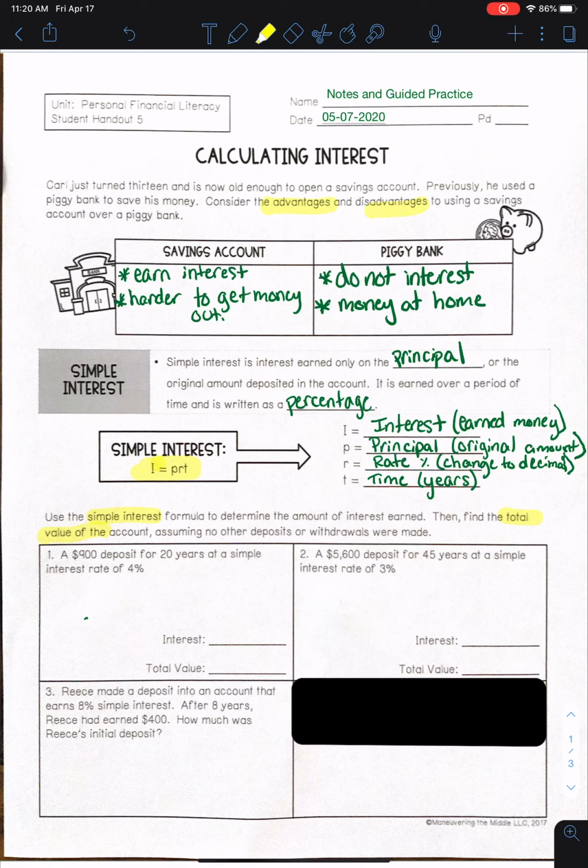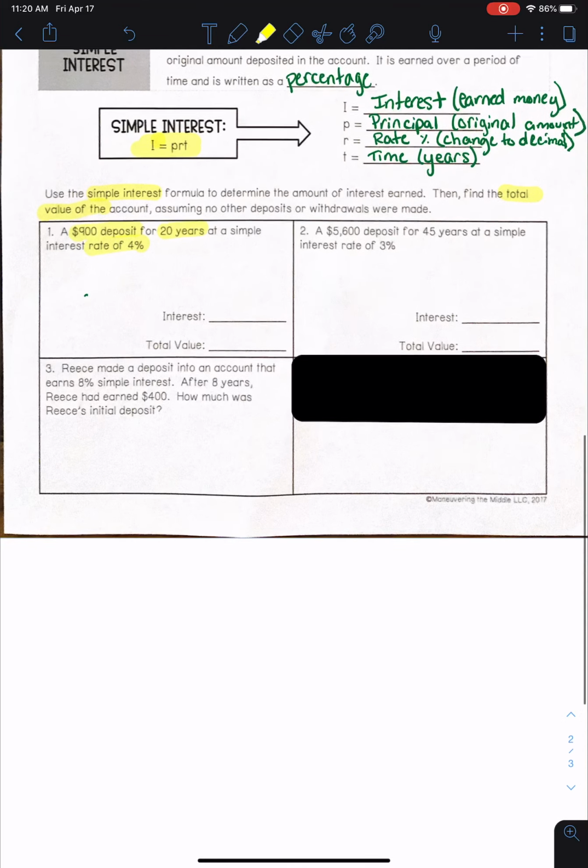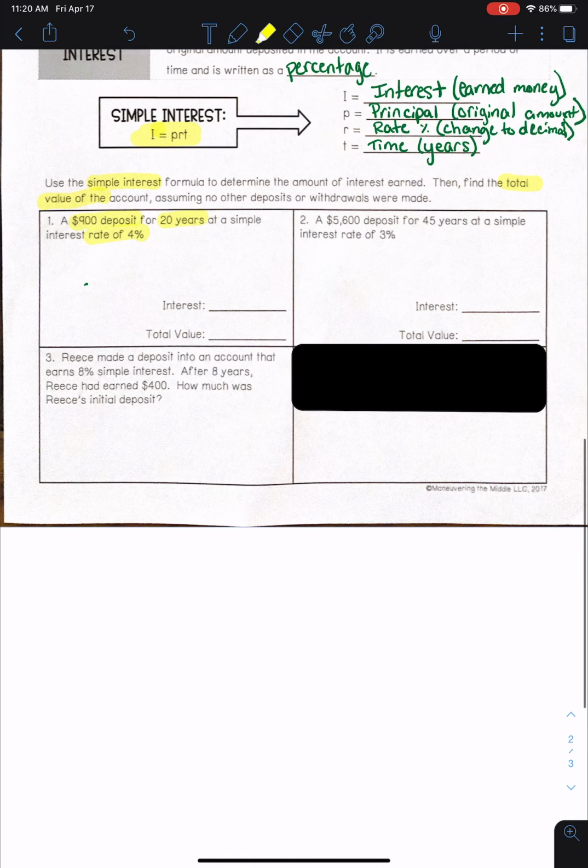So if I read number one, a $900 deposit for 20 years at a simple interest rate of 4%. My suggestion is to always label your numbers. So the $900 deposit, that's my original amount. That's going to be my principal.